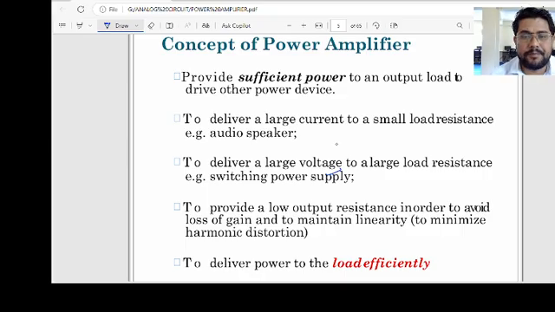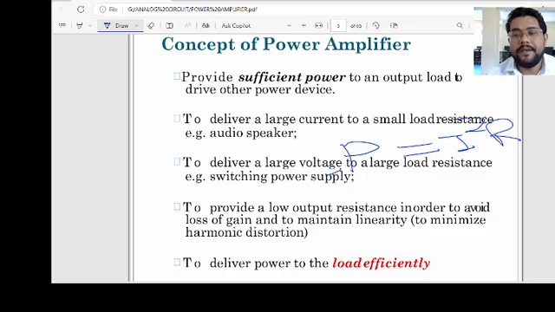P equals I squared R. If the current is large, then the power must be large.